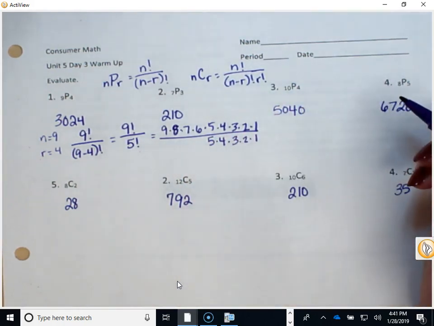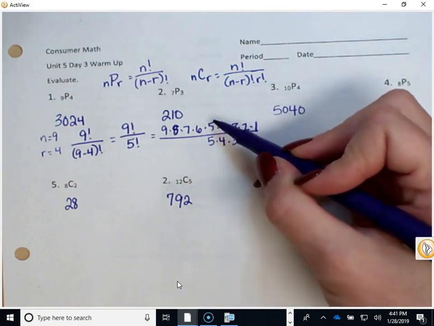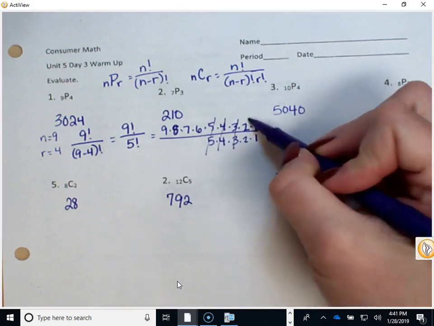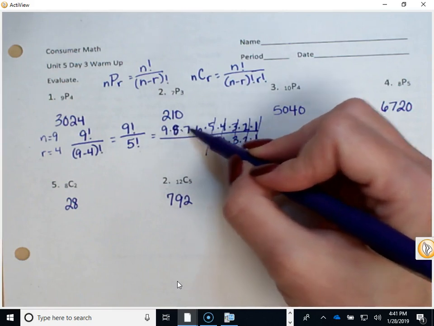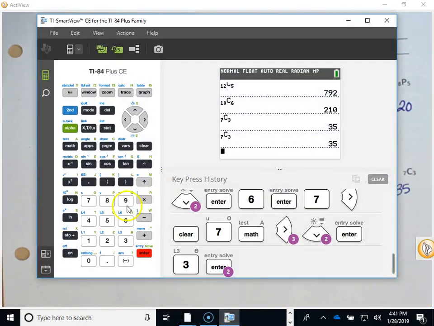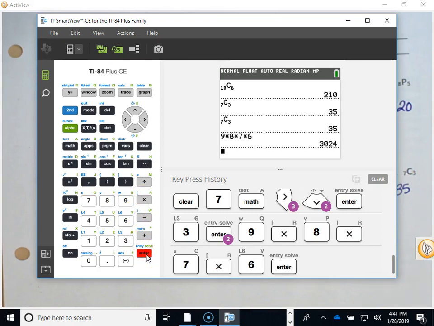So if you notice, what actually happens is on the numerator and the denominator, we've got 5s that cancel out, 4s that cancel out, 3s that cancel out, 2s cancel out, 1s cancel out. So really, it's just 9 times 8 times 7 times 6. So if you type into a calculator those, you should get the same answer. So 9 times 8 times 7 times 6. Hit enter, and we get that 3024 that we got.